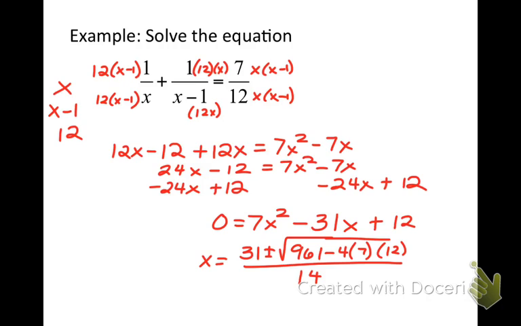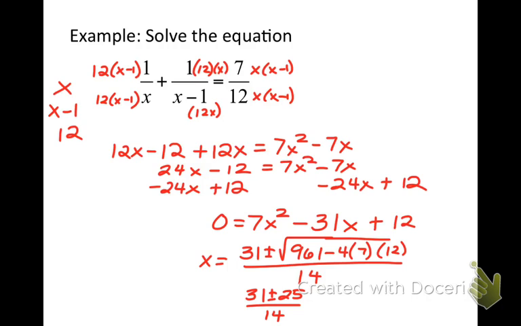So 961 minus 4 times 7 times 12. Ooh, that's nice. 625. What's the square root of 625? 25. So this would have been factorable if we would have sat here and thought about it. So 31 plus or minus 25 over 14.